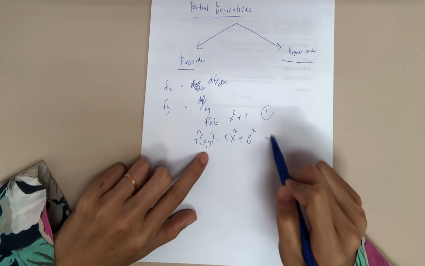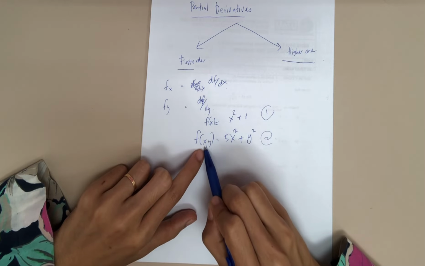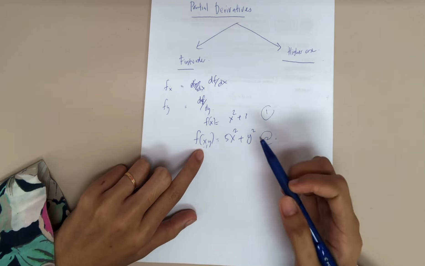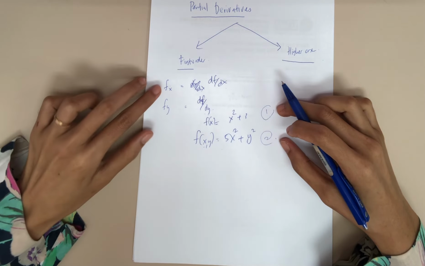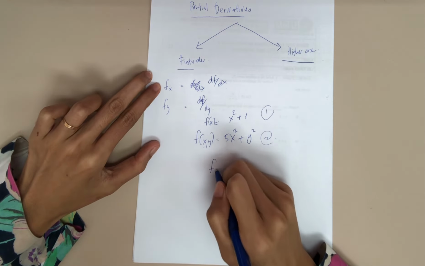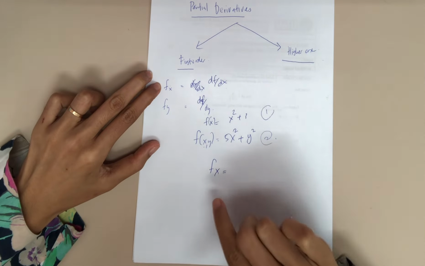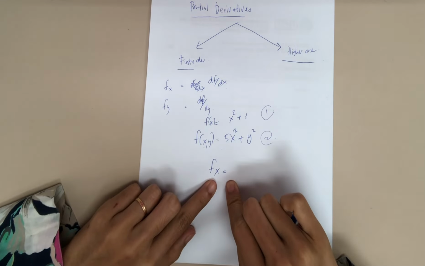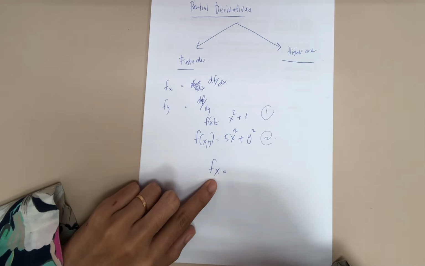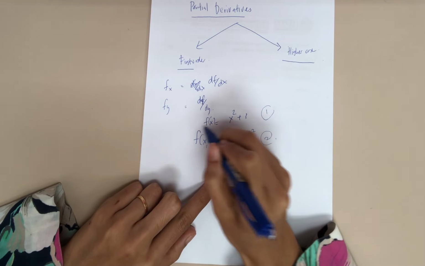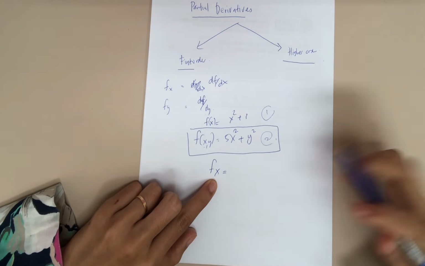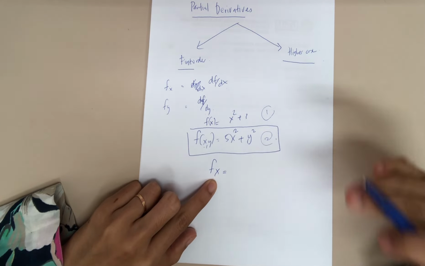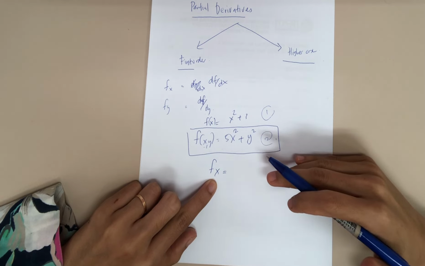For the second equation, you can see it involves two variables, x and y. The question asks you to find fx, so you differentiate with respect to x. We focus on the second equation because this is what we deal with in this subject.